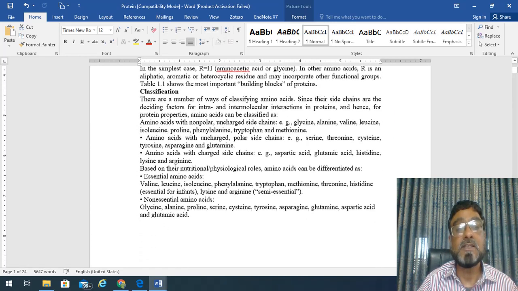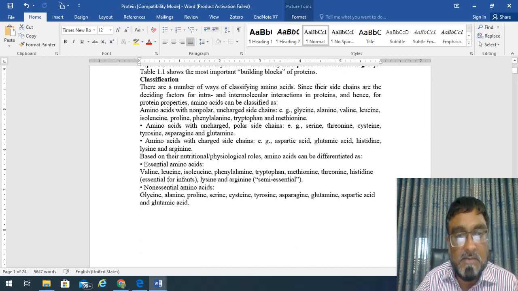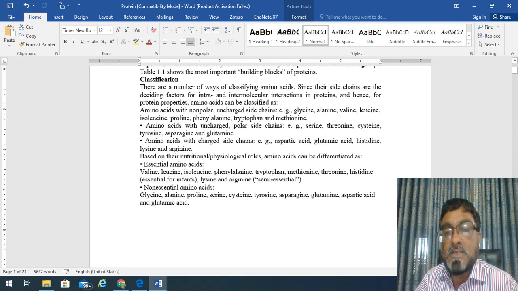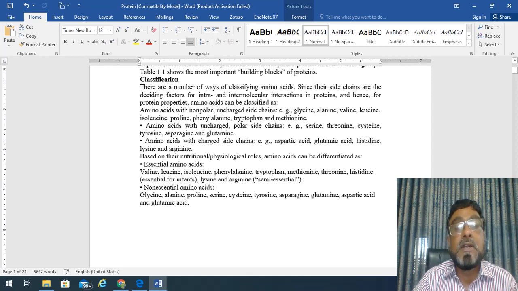We can classify these amino acids in different ways. Some amino acids can be classified into essential and non-essential amino acids, and this is an important classification especially for nutrition people.